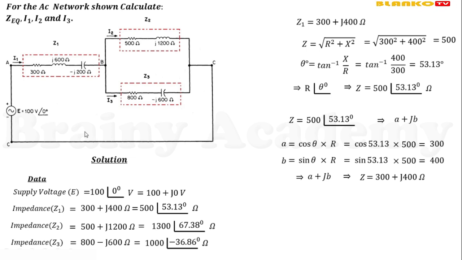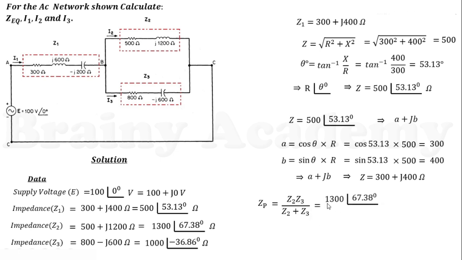Now that you understand how to convert between the two forms, let's solve for the equivalent impedance, or the total impedance. But first, let's find the impedance in parallel, that is ZP. We use the formula product over sum, that is Z2 multiplying Z3 over Z2 plus Z3.